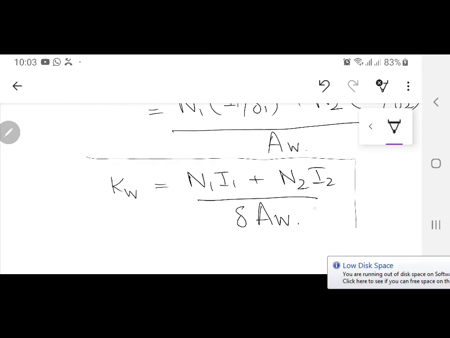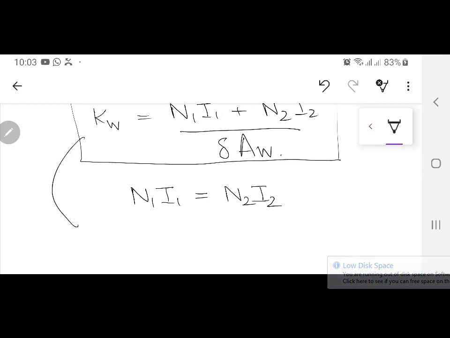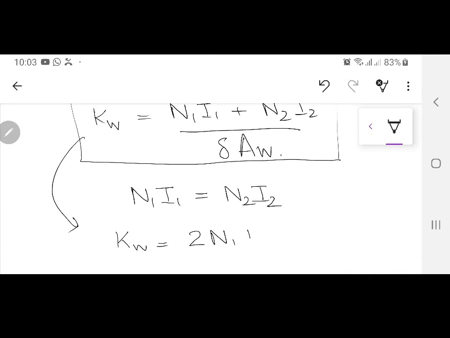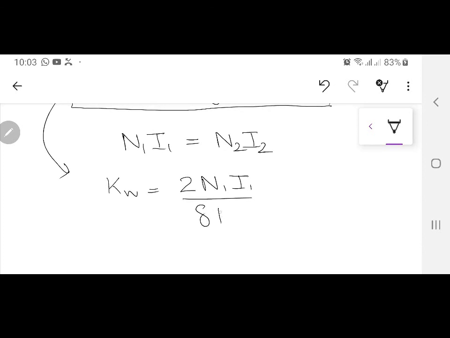Now this is an ideal transformer, because in all the equations we are using here, for any transformer N1 I1 is equal to N2 I2. You have the same number of ampere turns on the primary side and on the secondary side. So I can now write this Kw factor as equal to 2 times N1 I1 divided by delta AW.